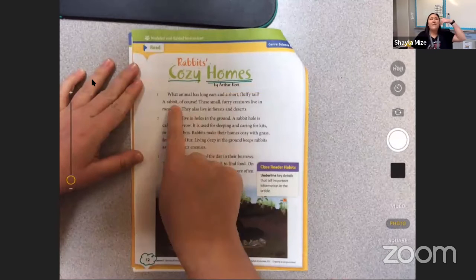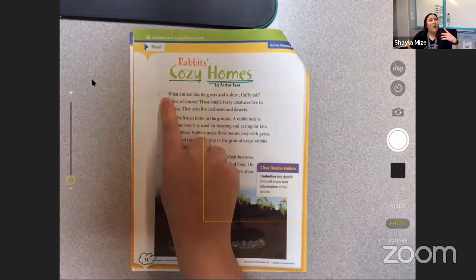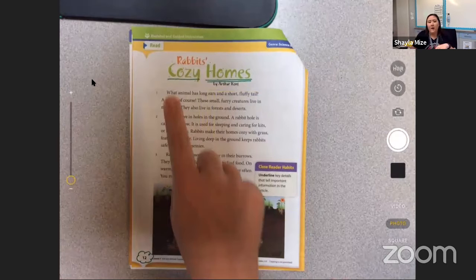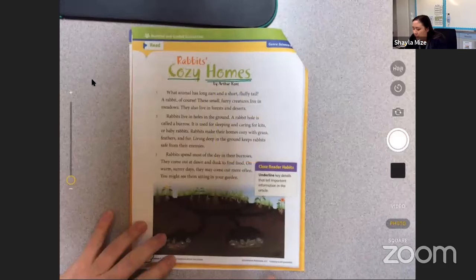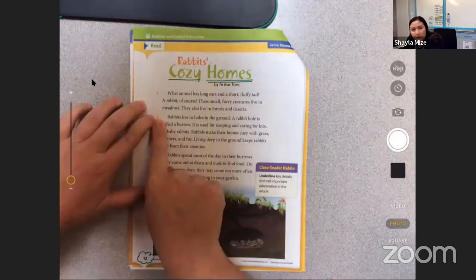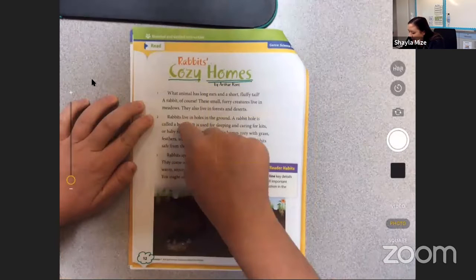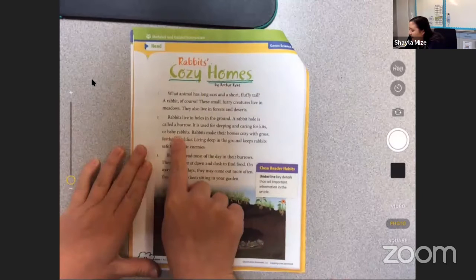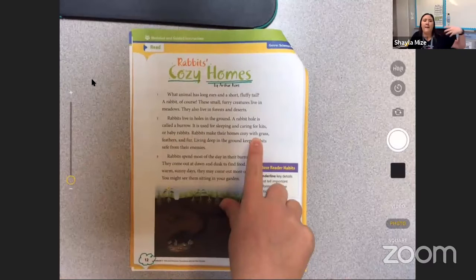So if Miss Mize were to say, look back at paragraph 2, line 3, you would go to paragraph 2 and count: here's the first line, the second line, the third line. Oh, we're looking at the line about baby rabbits and their cozy homes. That is how you refer to a paragraph: paragraph 2, line whatever.